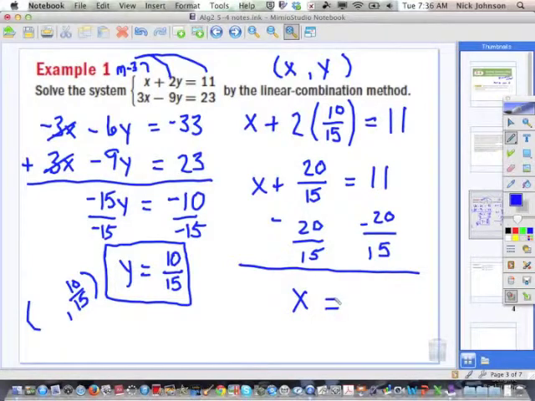And x is going to equal, and I'm just doing this on my calculator, 11 minus, don't forget parentheses, 20 divided by 15. You are going to get 9.6 repeating, which is 29 thirds. So 29 thirds, comma, 10/15 is where my two lines intersect.